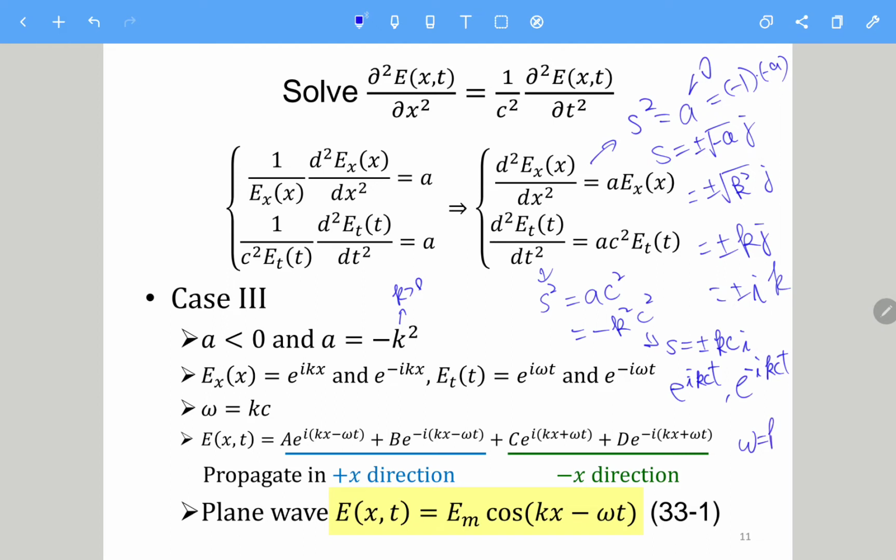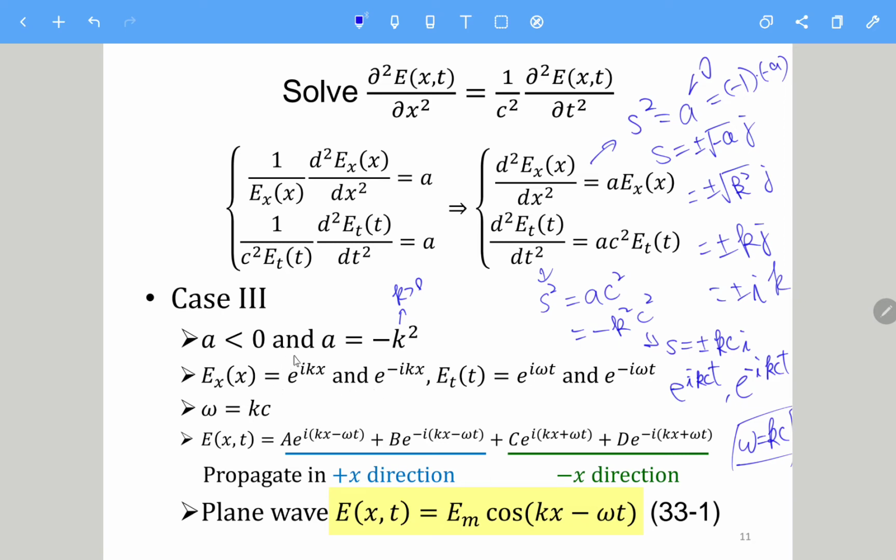Omega is kc. We get this expression. And this is the homogeneous solution.